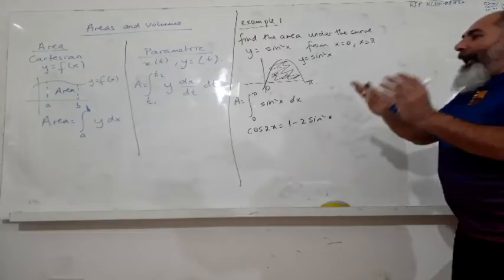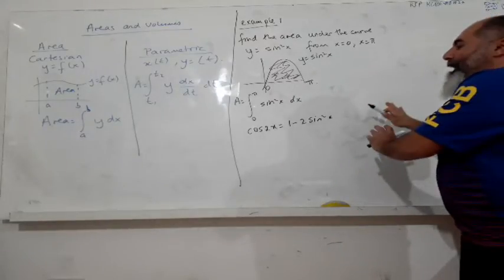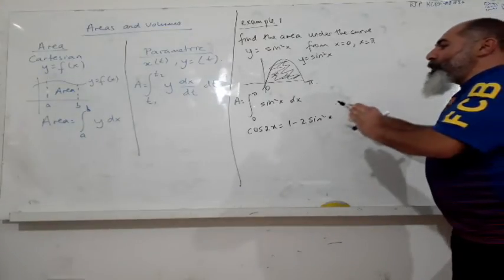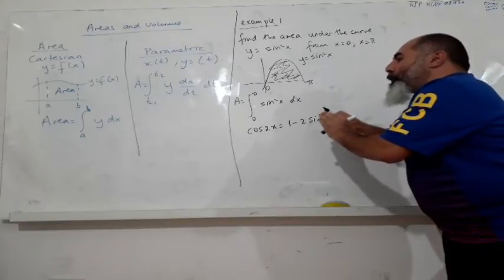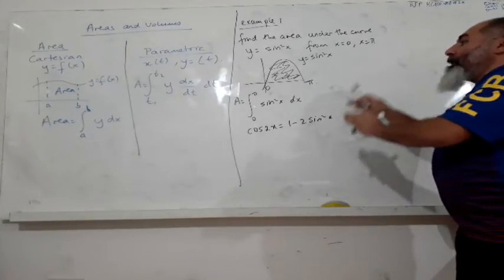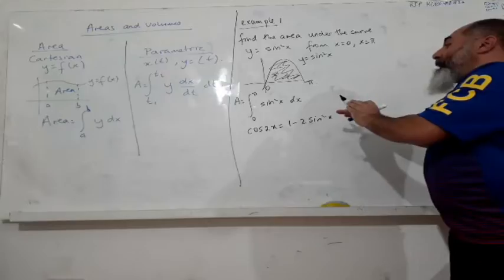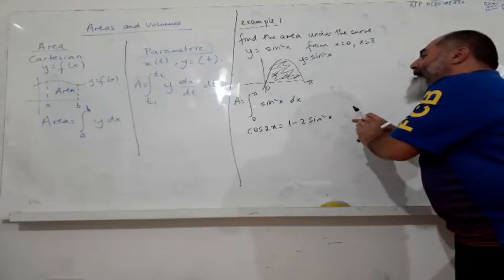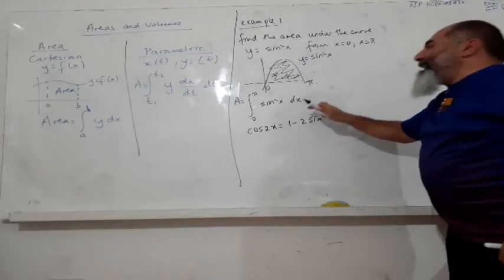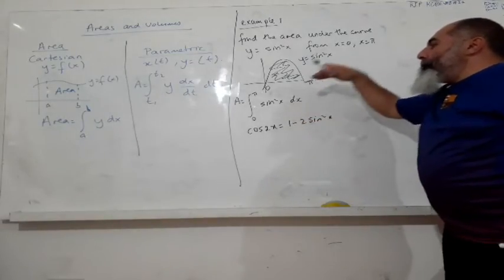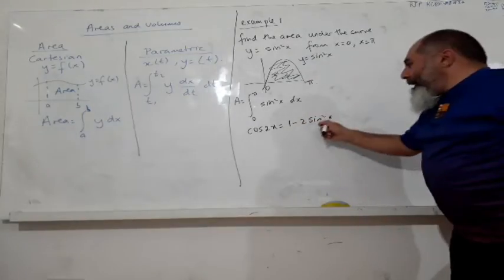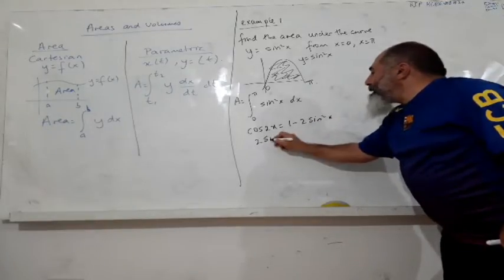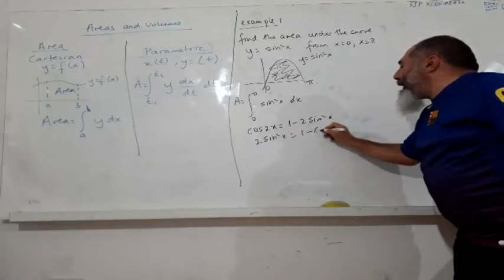The easiest way is to use some trigonometry that we learned, a trigonometric identity to have a simpler one so that we can integrate much more easily. Here, 2 sine square x is equal to 1 minus cosine 2x.